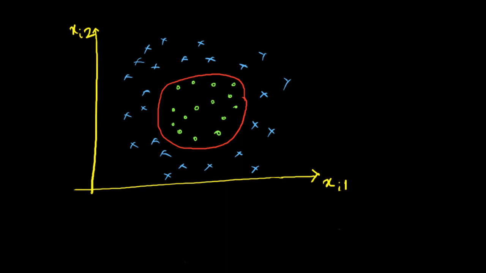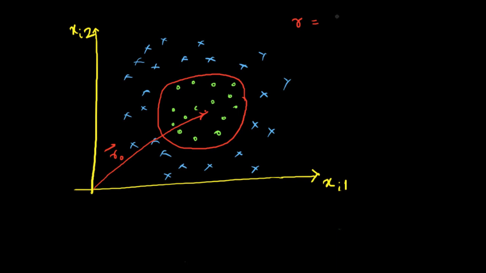So for example, you could find the center of these points. Let's say the center is here, which is some vector, let's say, the r0 vector. And what you could say is that I have a new parameter r which is equal to the distance of the points from this center.